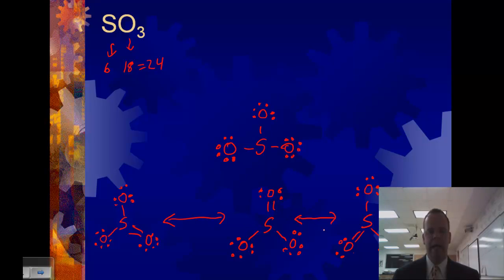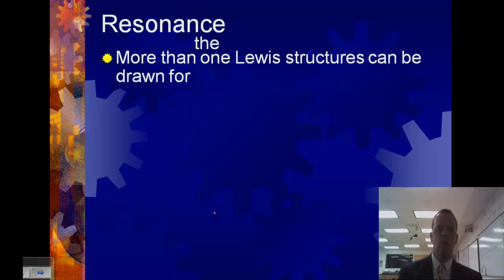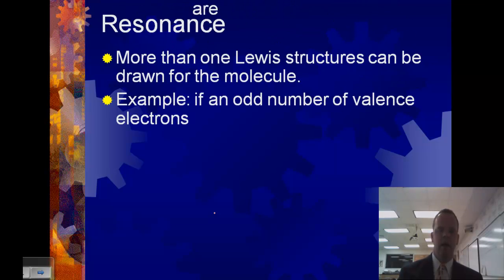So you can kind of think of it as rotating through all three possibilities as being partially double bonded and partially single bonded. So it rotates through these three possibilities for the bond with oxygen. We refer to this as resonance, when there's more than one Lewis structure that can be drawn for the molecule.